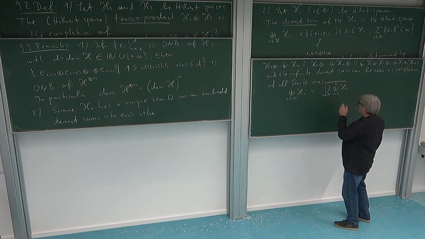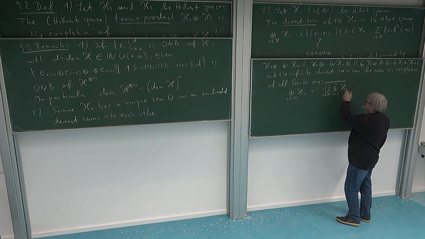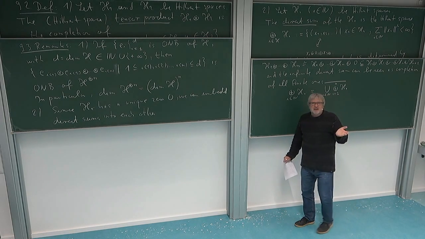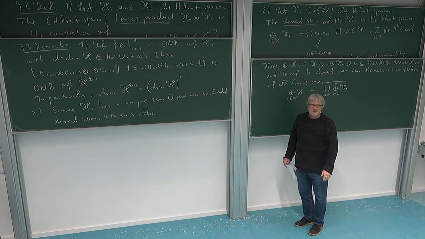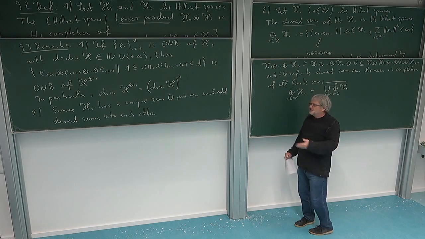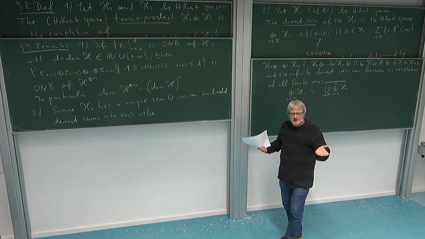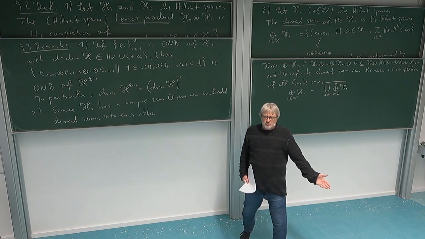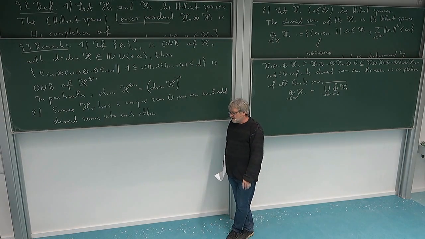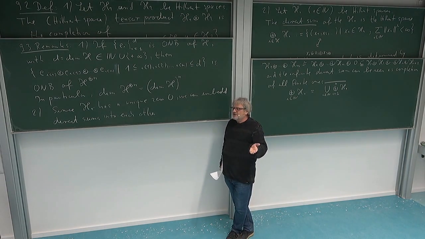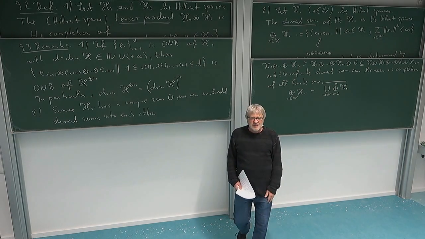Okay, but in principle that's what I'm doing here. So if I understand a finite direct sum of Hilbert spaces, essentially I can go to the limit, and by completion I just get the infinite sum. And so maybe you might think that for the tensor product I should also be able to define in the same way an infinite tensor product of infinitely many Hilbert spaces.